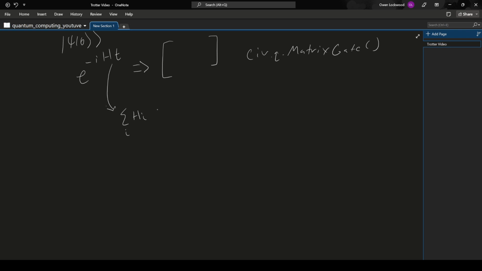So we have some summation, however many terms there are, I'll just write as n here, that the Hamiltonian is written as. So we want an approximation, or ideally an exact decomposition of this exponential into our friendly quantum computer compatible gates.